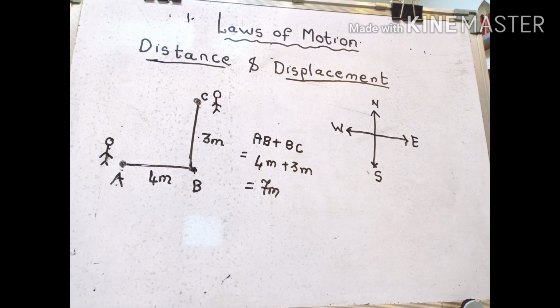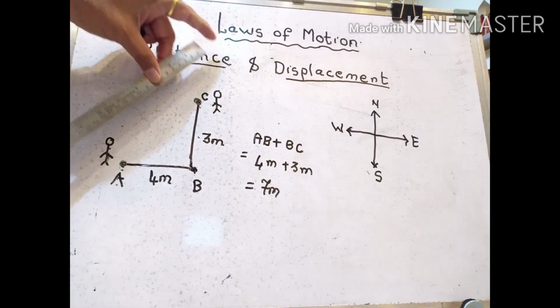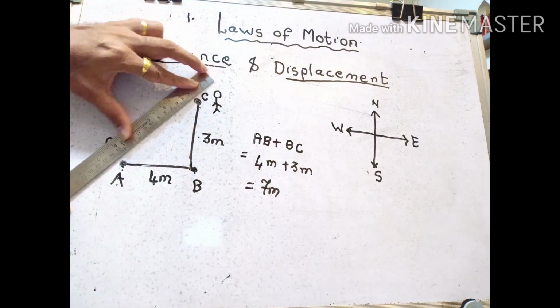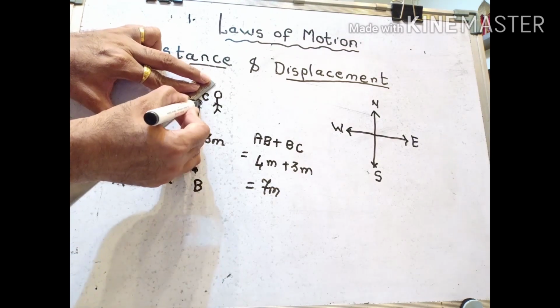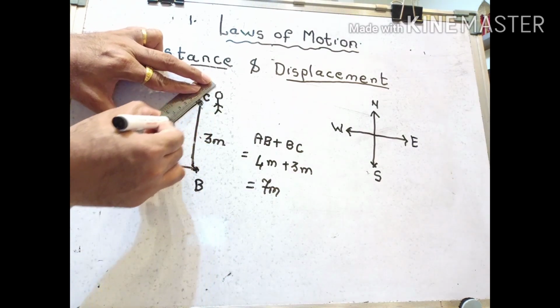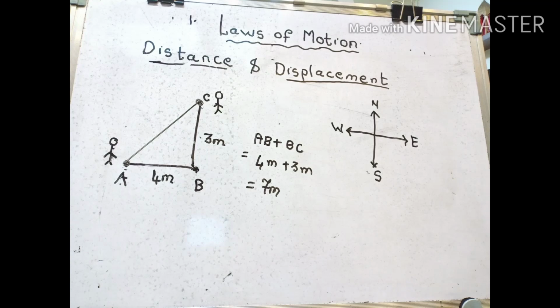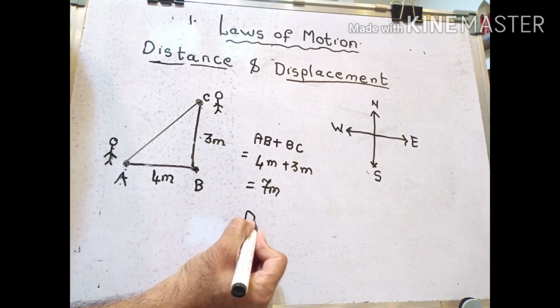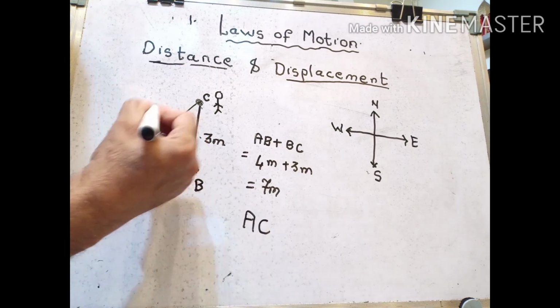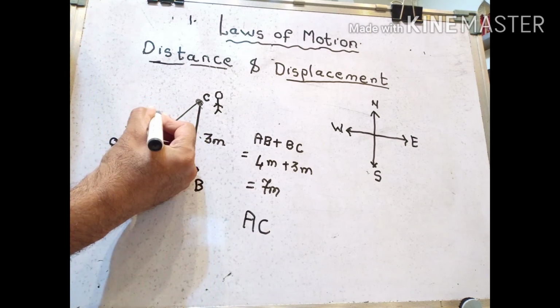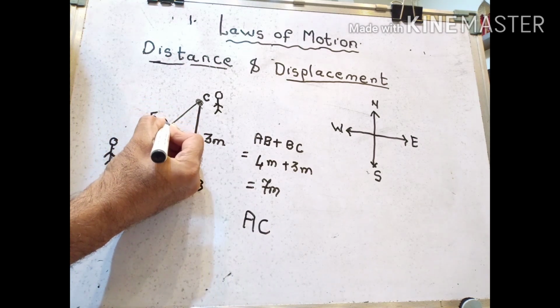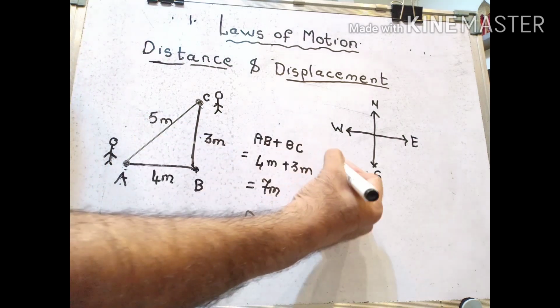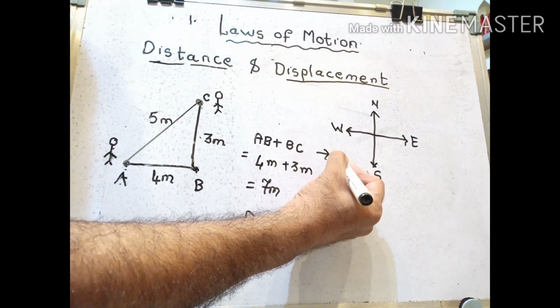So in this case, the straight line joining the 2 points should be here, like this. So this will be the straight line joining the 2 points, right? So that means the displacement is AC. If you calculate, you will find it is 5 meters. So this is distance, right?